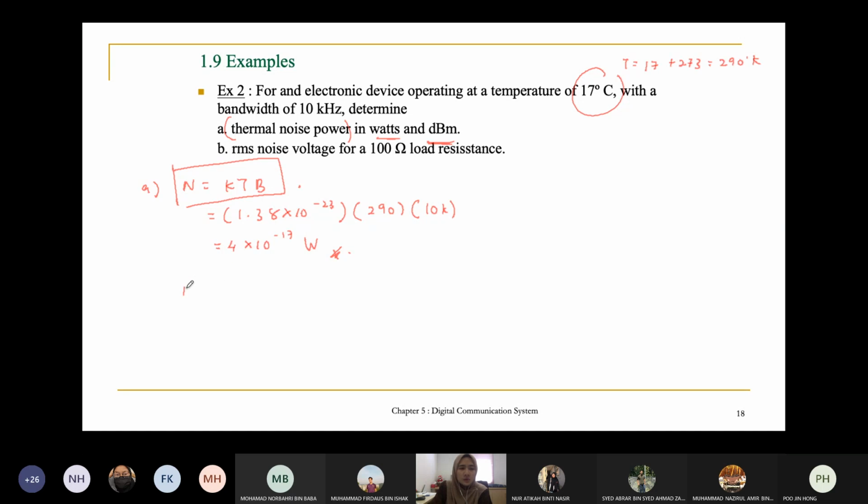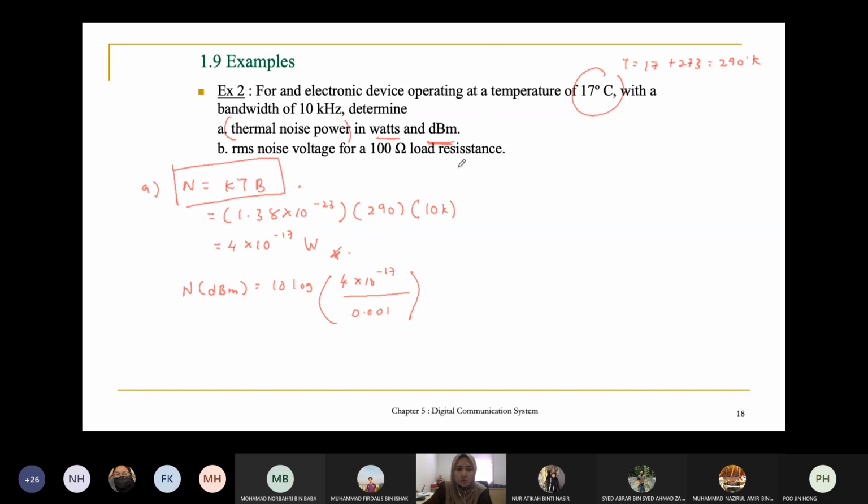So N in dBm is equal to 10 log this value, 10 to the power of 17, divided by 0.001.